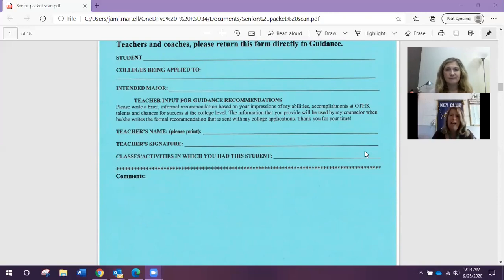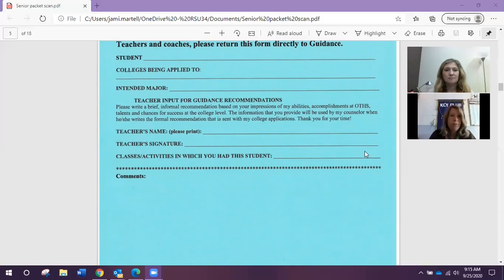The only time that might happen is if they don't quite know you enough to feel like they could write anything. But before you give it to them, you get their permission, and then you need to write your name at the top, colleges that you think you might be applying to, and your intended major. It is perfectly okay if you don't know that yet.